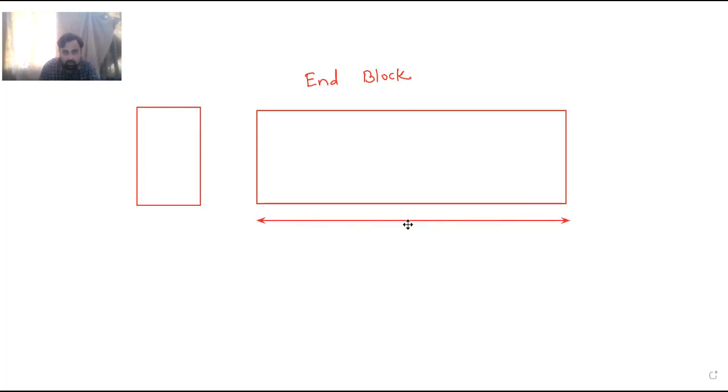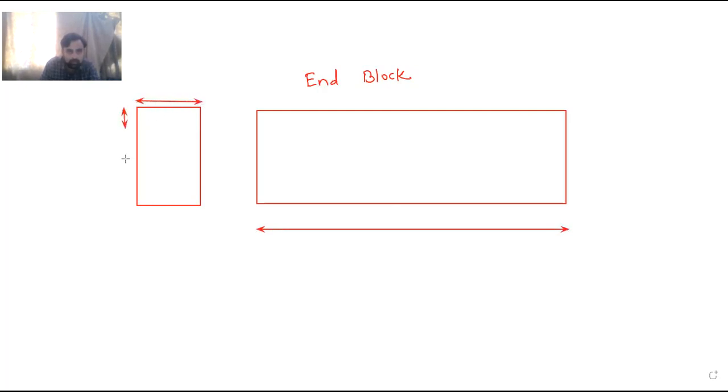Here it is the width B of the beam, and this is the depth D. Then the portion of the beam equal to the depth of the beam from this end, if I take a distance D, and from this end also a distance D, whatever portion is there in that length is called the end block.